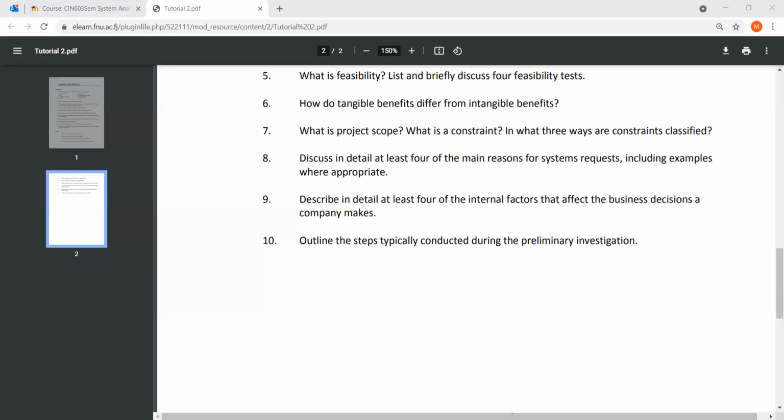Intangible benefits, on the other hand, are not measured in dollars, but are beneficial.